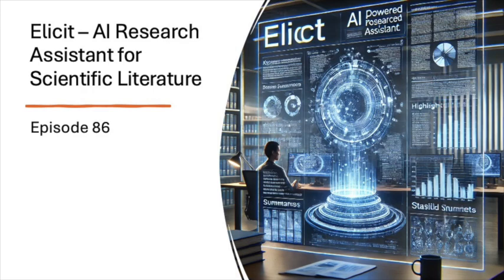So, looking ahead, what are you most excited about for AI in research? One thing that has huge potential is personalized recommendations. Like, imagine an AI that knows your research interests, but can also predict what you might be interested in based on new trends and discoveries. Wow, that would be amazing. Mhm. It's like having a personal research librarian who always knows what you need.